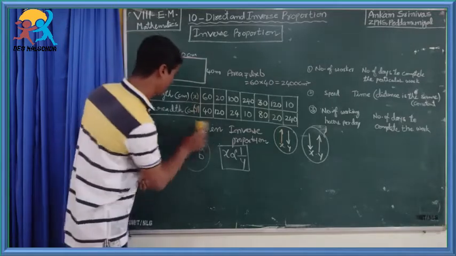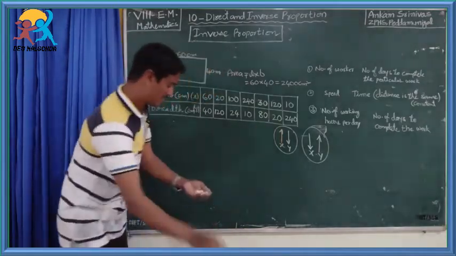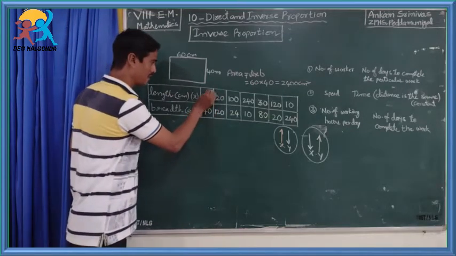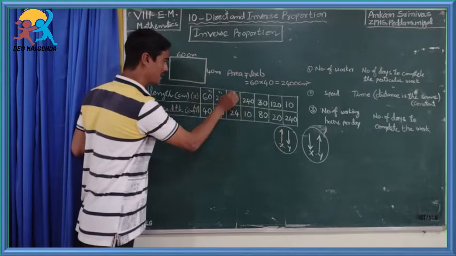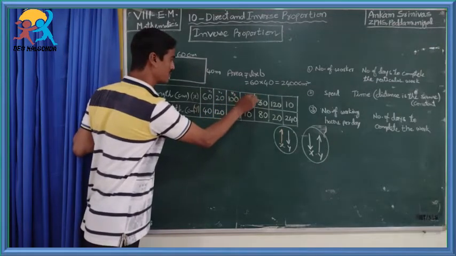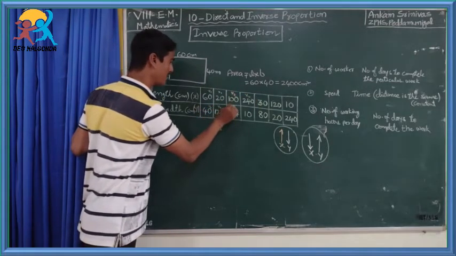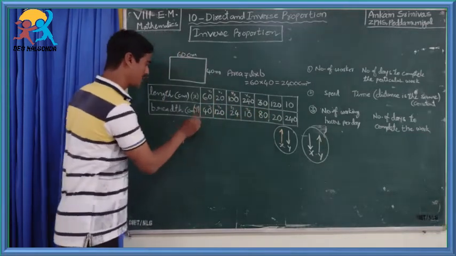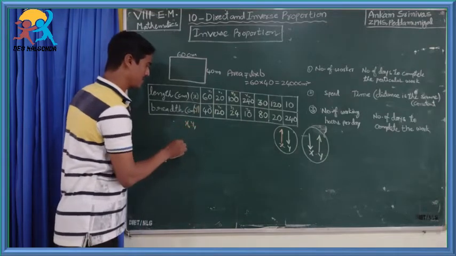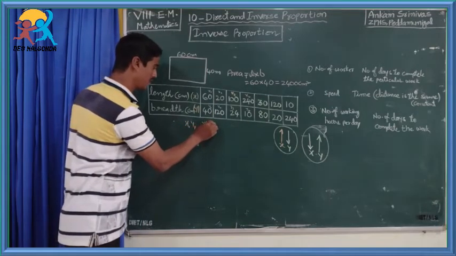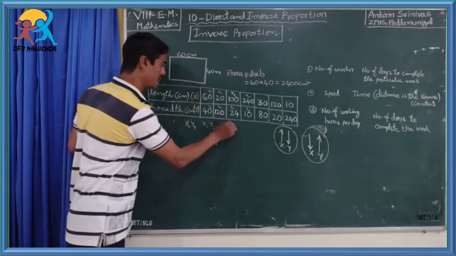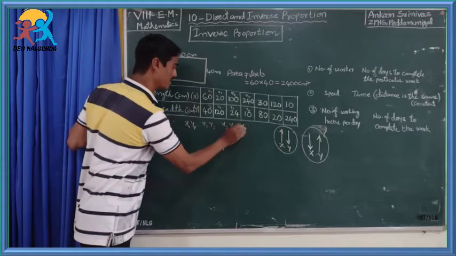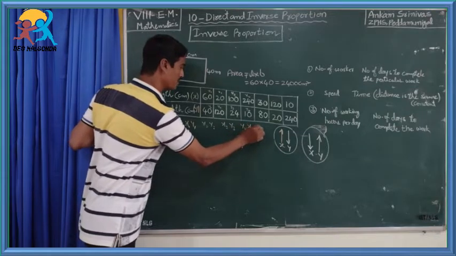Here the products are equal. Let us suppose x1, x2, x3, x4 and so on, and here y1, y2, y3 and so on. Here x1 into y1, x2 into y2, x3 into y3, x4 into y4 and so on.